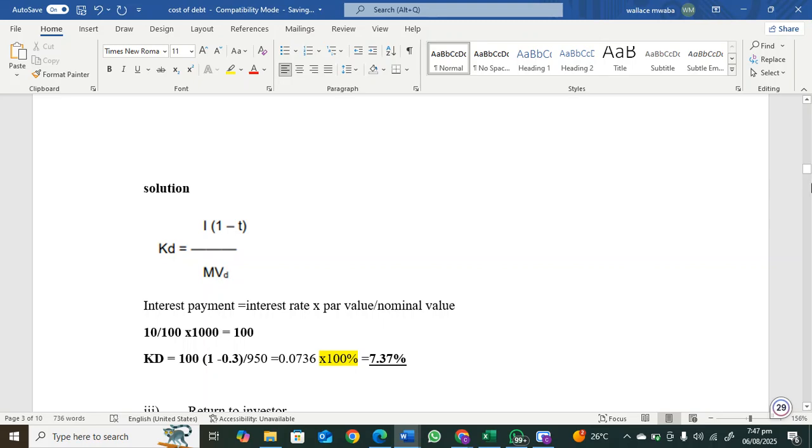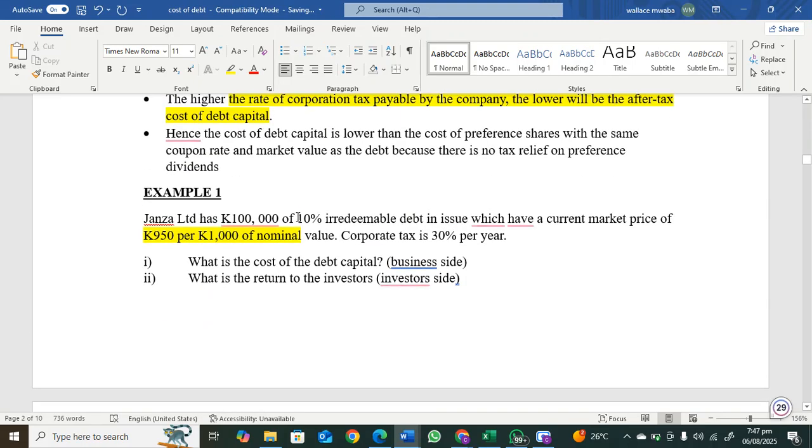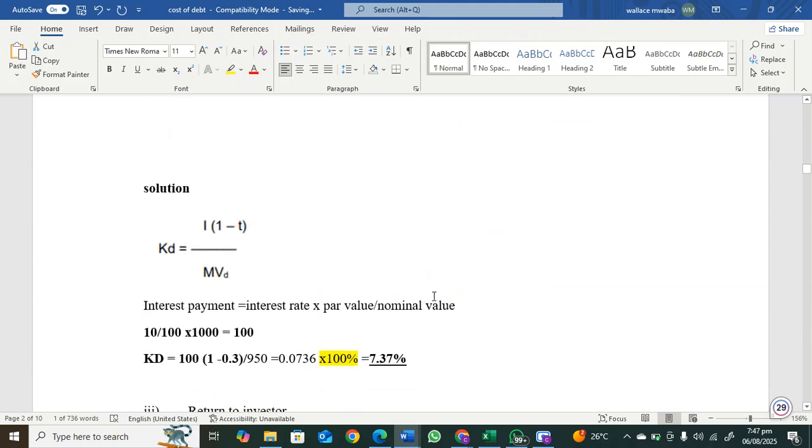In the question, the interest rate is 10% and the par value is 1,000 kwacha. So the interest payment, 10% of 1,000 kwacha, is 100 kwacha.